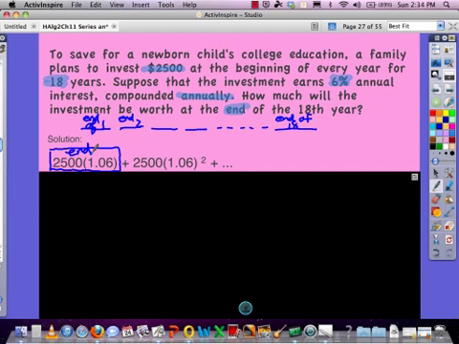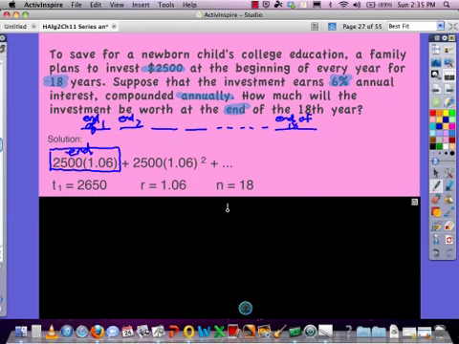So there's our first term, then our second term, and you can see it'd be a pattern of powers of 1.06 because it's compounded annually, so it means interest on interest. If you start looking at this and do the math, T sub 1 is that 2650 that we would calculate from above. We notice that we just have a new multiplier of 1.06 each year, and then we have that end value of 18.